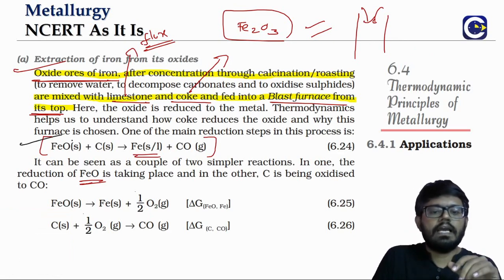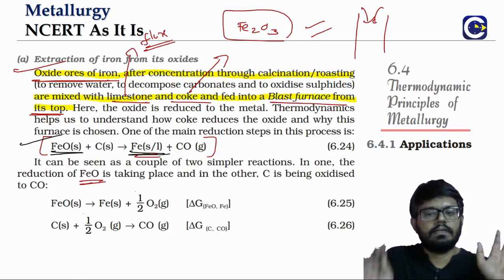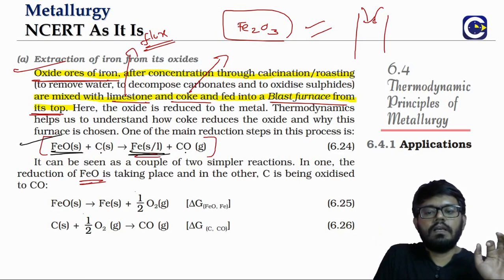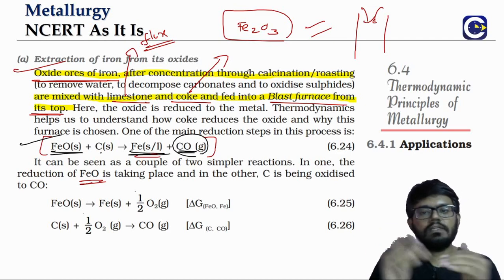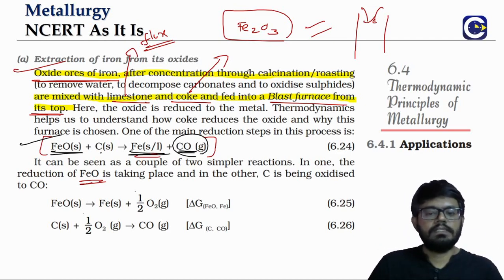Now if you look at the reaction, FeO gets reduced to iron, and coke converts itself into its oxide form, which is carbon monoxide. This is not a single reaction, as we have said before. It's a redox reaction.